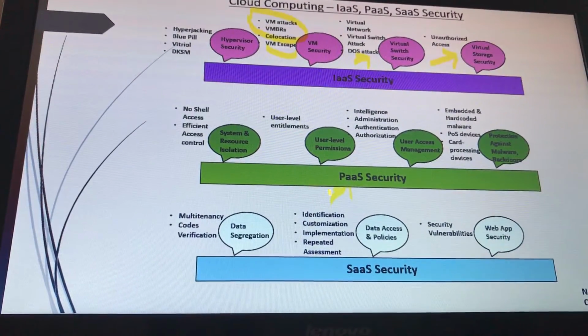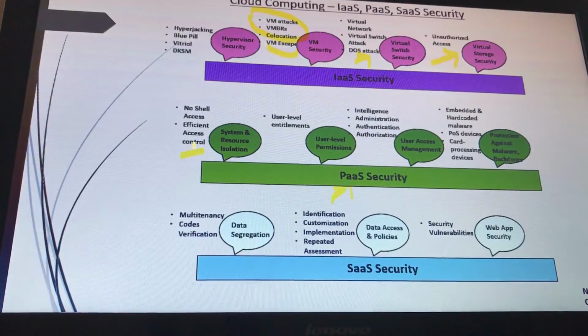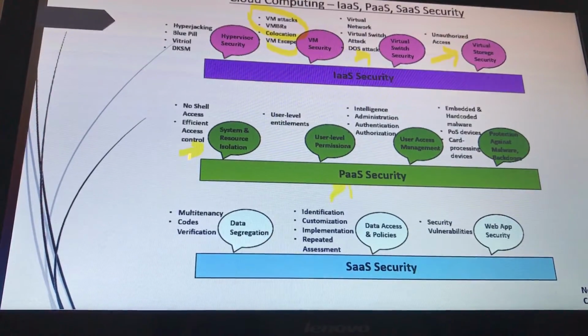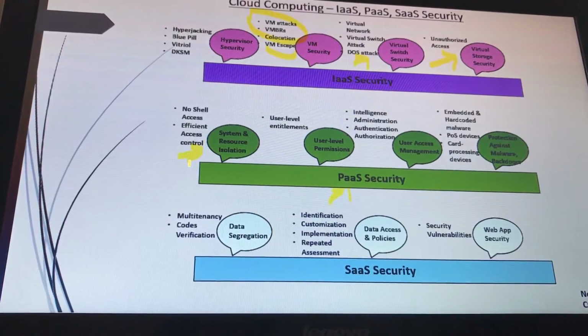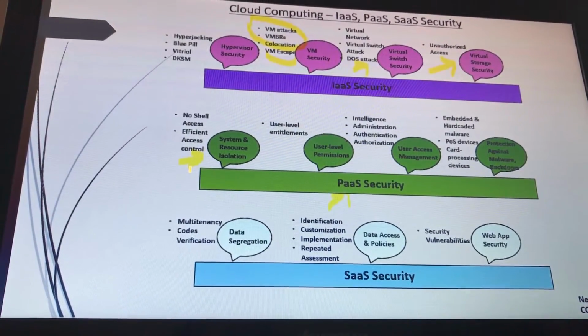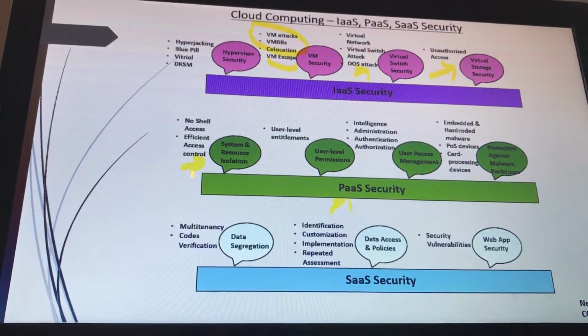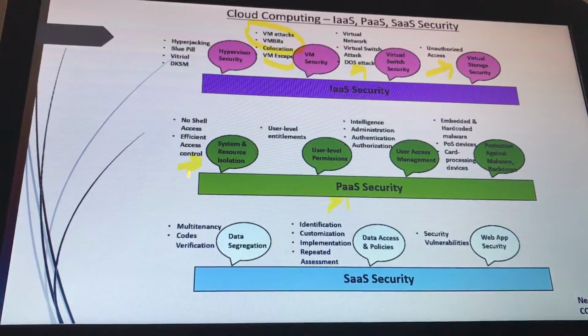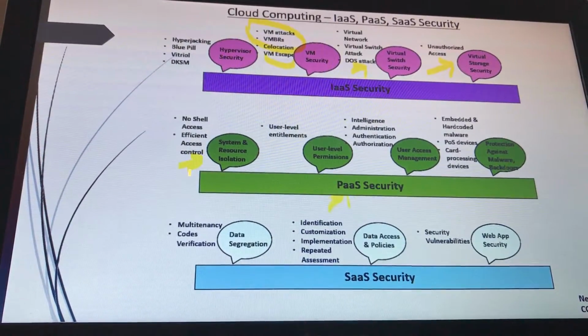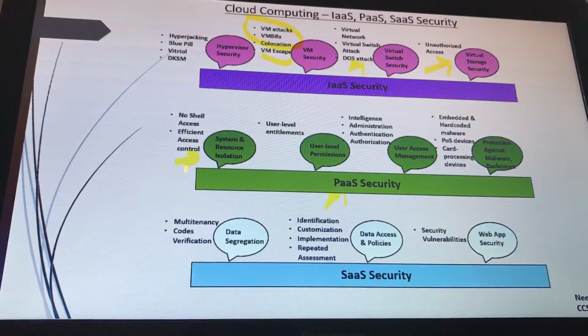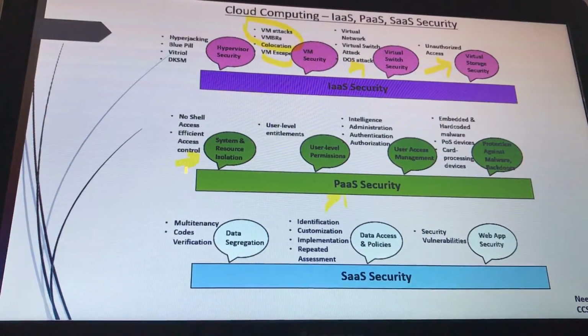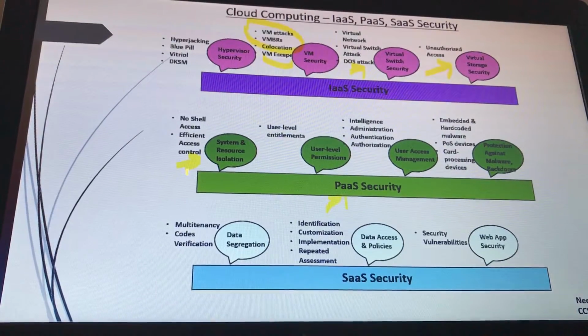System and resource isolation: here PaaS tenants should not have shell access to the instances where they are running. It will allow PaaS tenants to gain more access. Suppose any user gains access, they will have high admin level, root level access to one of the PaaS tenants or virtual machines.